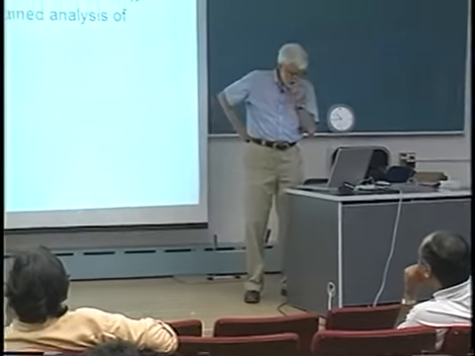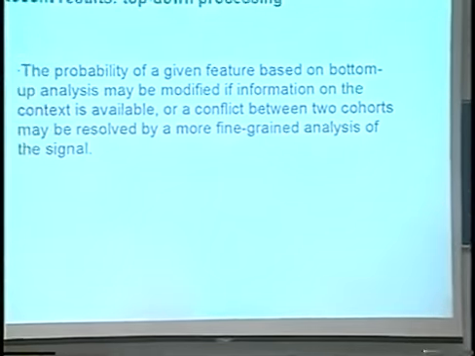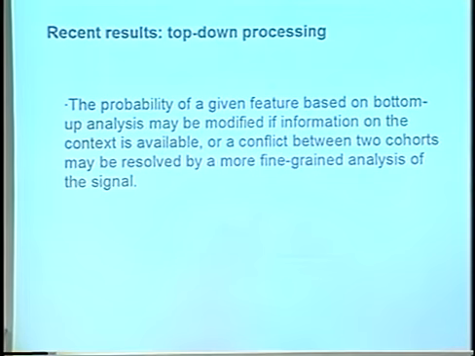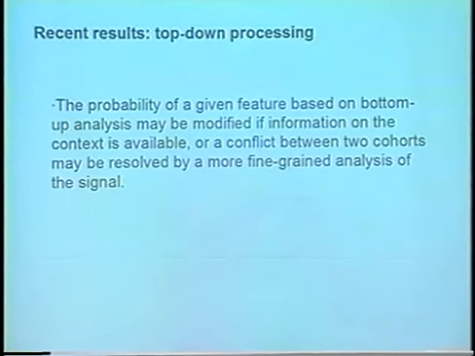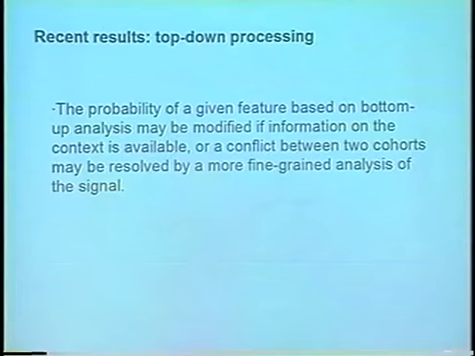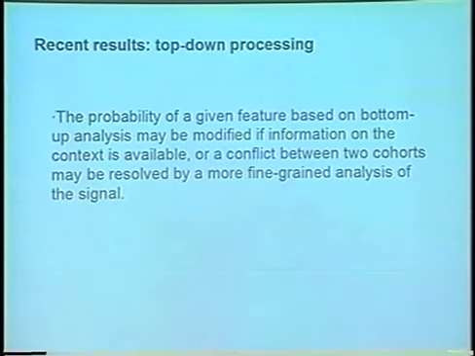So let's see, go on to... So there are these two cases of variability in the signal, which are the main things that one has to deal with, and there are other sources of variability like prosody and so on, which I'm not discussing here.